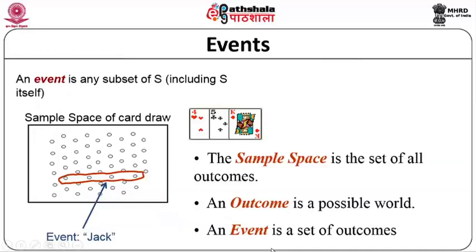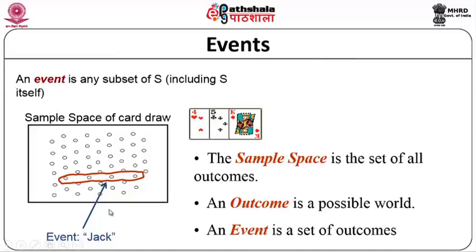Having understood what a sample space and an outcome are, now let us get to know what an event is. Any subset of S, and the whole set itself may be considered a subset of S, is called an event. For example, from a deck of cards, we know what the sample space is. Now, from this sample space, we can identify a set of outcomes.